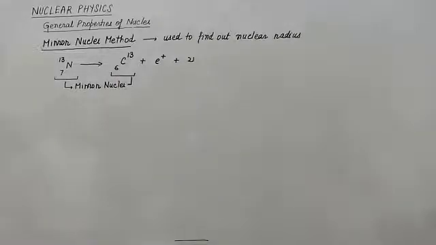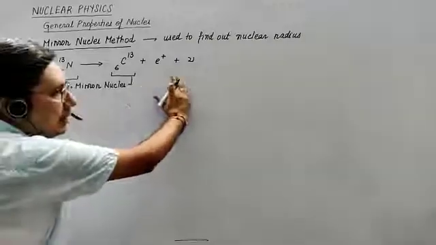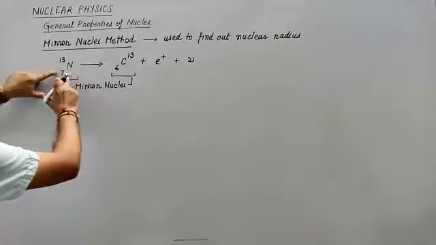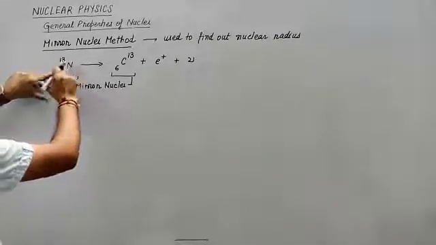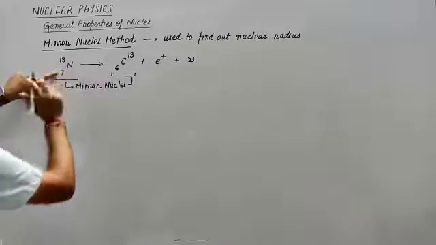Now this reaction and this set of mirror nuclei can be used to find out the nuclear radius. How can we use this beta decay reaction to find out the radius? First consider this 7N13.